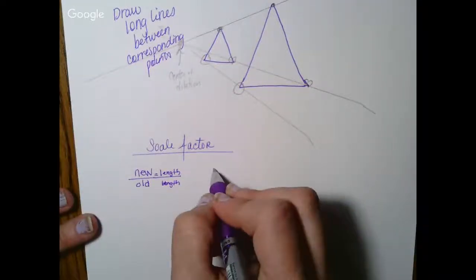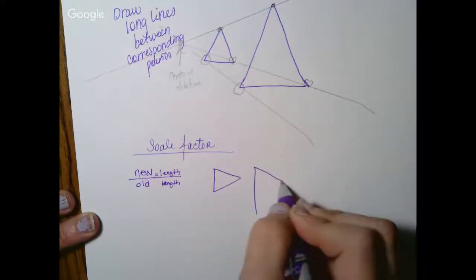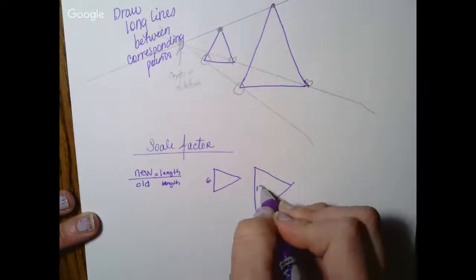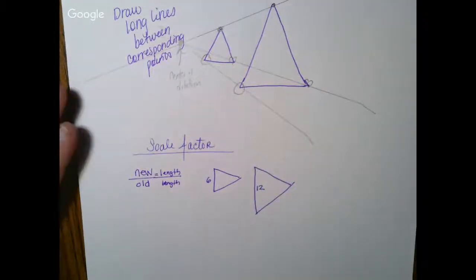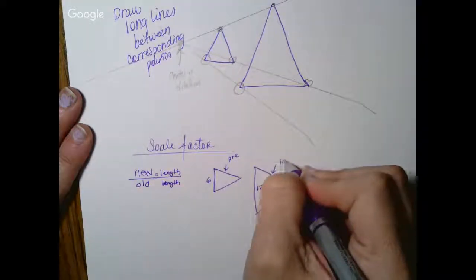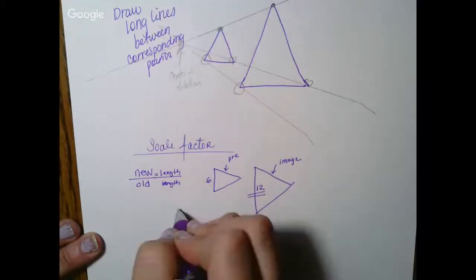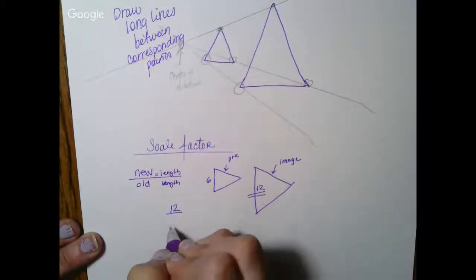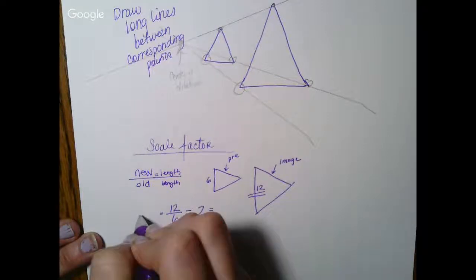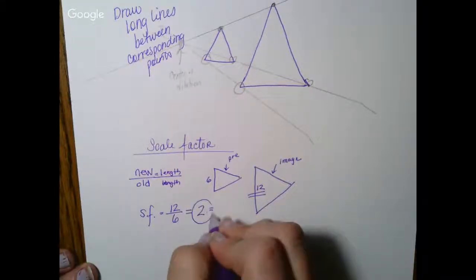So here, if I have a triangle that looks like this and a triangle that looks like this, and this shape is my pre-image and this shape is my image, I know that my new length is 12, my old length is 6, and when I reduce, I get 2 as my scale factor.